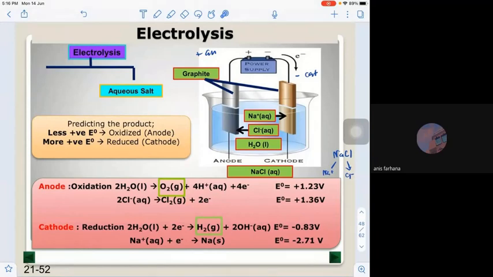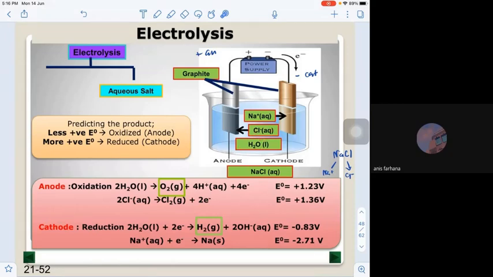There is a competition between the H2O and chloride. Which one will be oxidized? It cannot be both. We cannot get two products. Only one will be produced at the anode and one at the cathode. So we need to consider both possible reactions that can happen at the anode. It's either chloride that is oxidized or H2O that is oxidized.